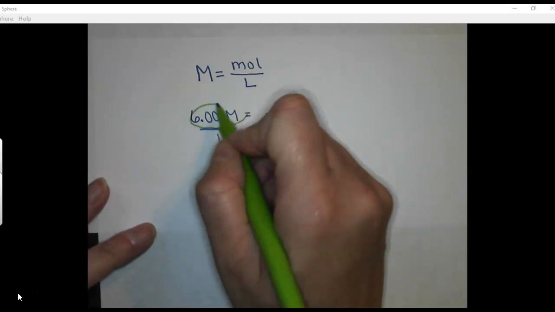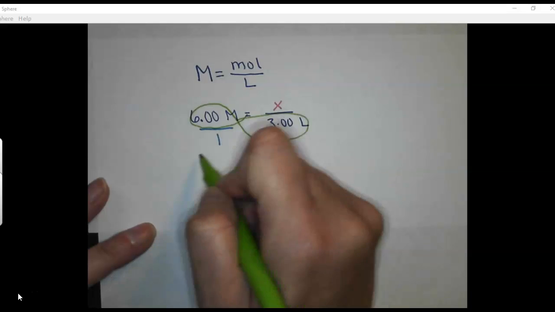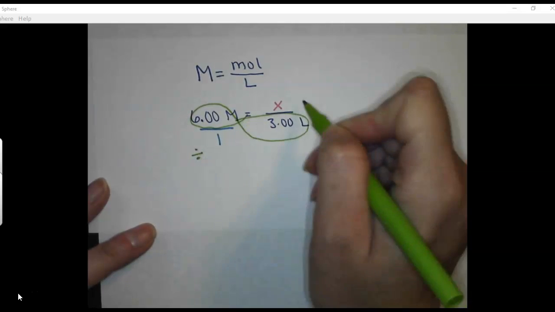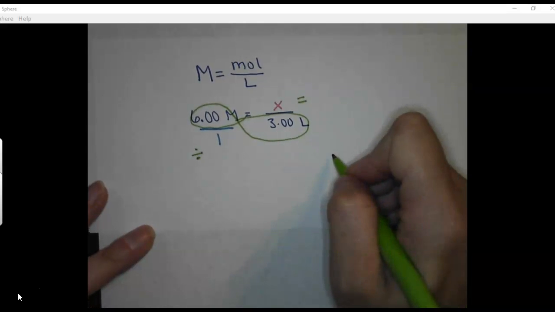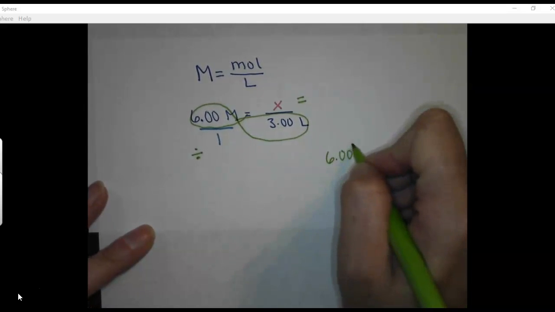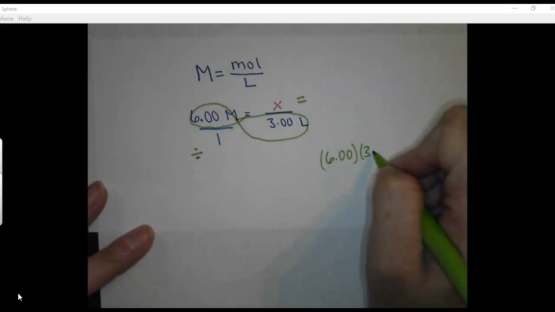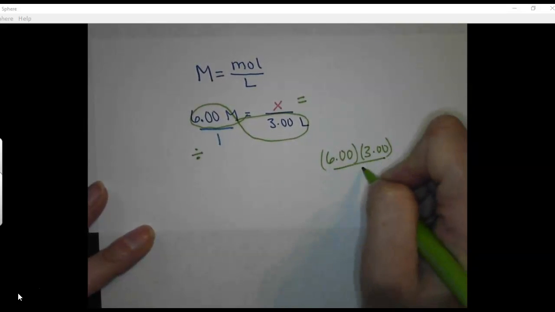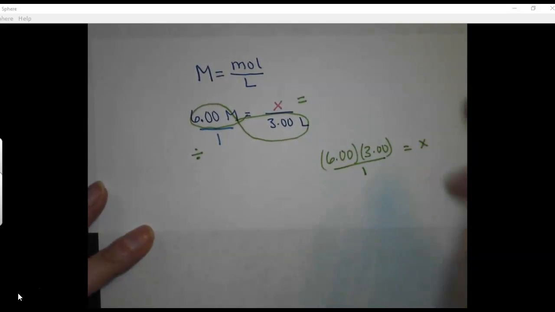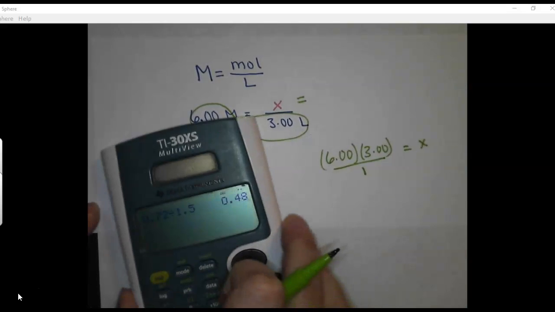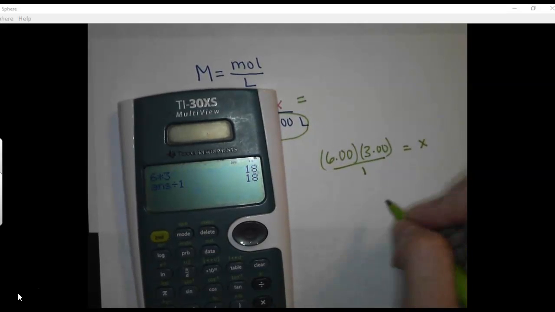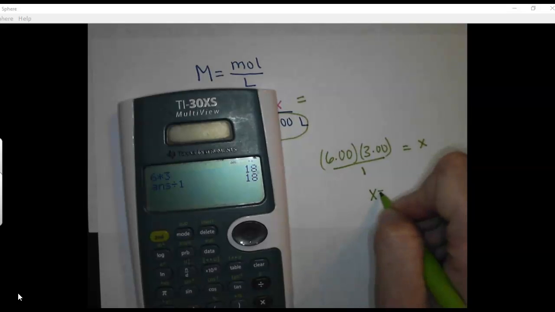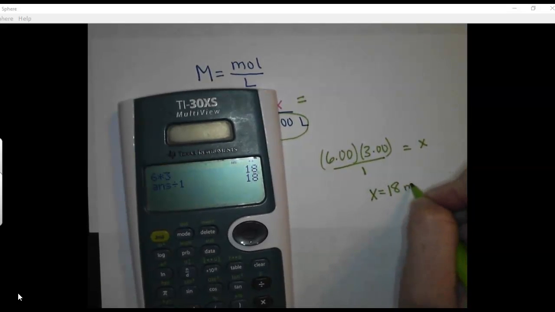I'm going to say this number times this number divided by this one equals X. Okay? So I'll even write that out again if you want. 6.0 times 3.0 divided by 1 equals X. Okay, and you probably don't need a calculator for this, hopefully. 6 times 3 divided by 1 is 18. Okay, so I'd say X equals 18 moles.